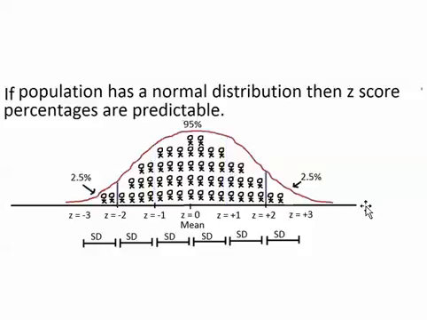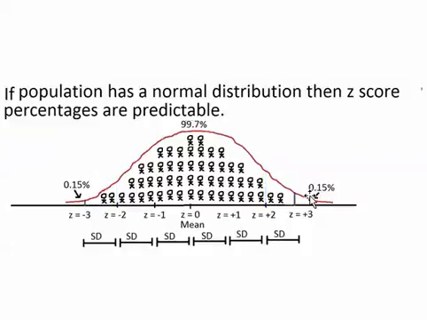Also, if the population is normal, 95% of the population has a z-score between -2 and +2. Only 2.5% of the population are out here below -2, and only 2.5% of the population are out here above +2.